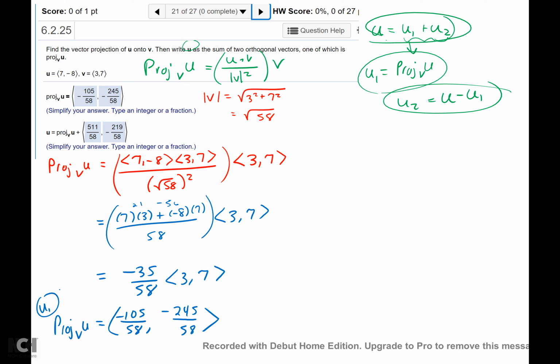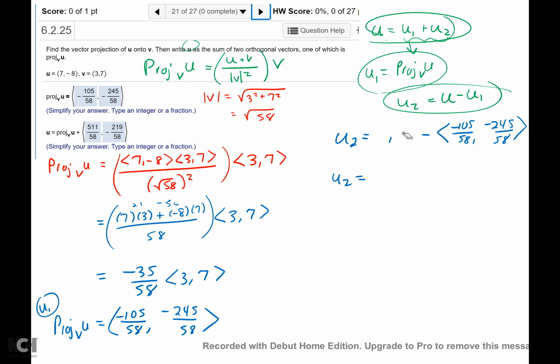Okay, so now to figure out u2, I take u, and I subtract u1, which is negative 105 over 58, and negative 245 over 58. And if I simplify that, I get u2 equals... I don't want v, I want u.